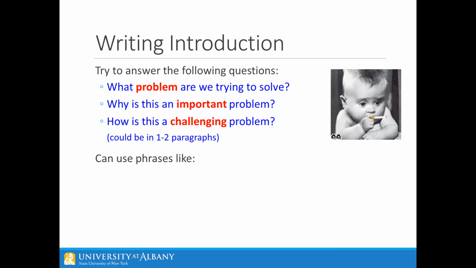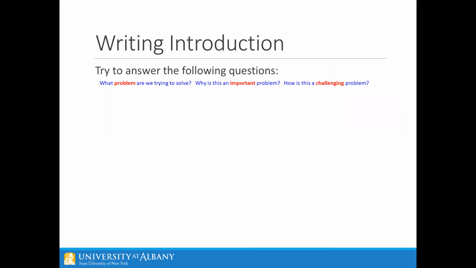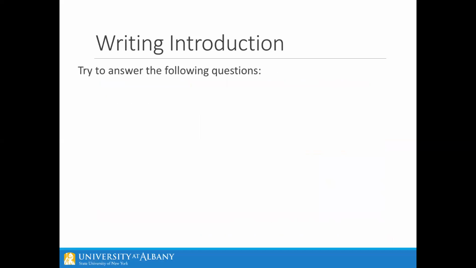We can have 1 to 2 paragraphs for this. We can use phrases like this, and I also provided a few examples from previous papers, previous articles, of what kind of statement we can write in answering these 3 questions.